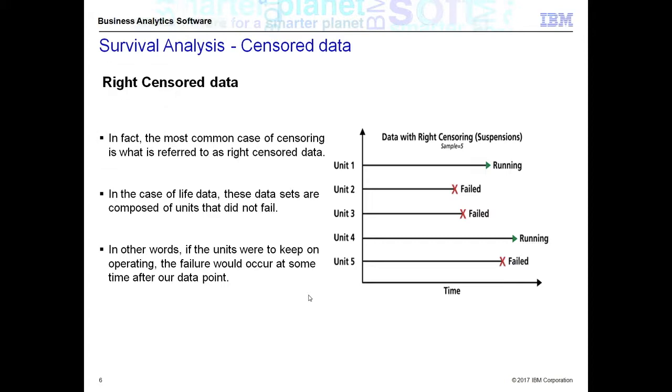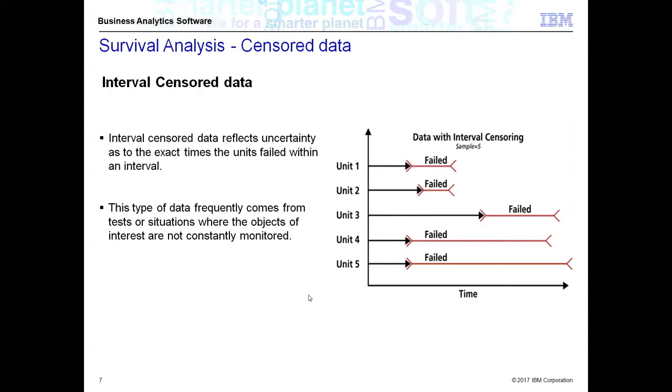The term right censored data implies that the event of interest is to the right of our data point. In other words, if the units were to keep on operating, the failure would occur at some time after our data point.